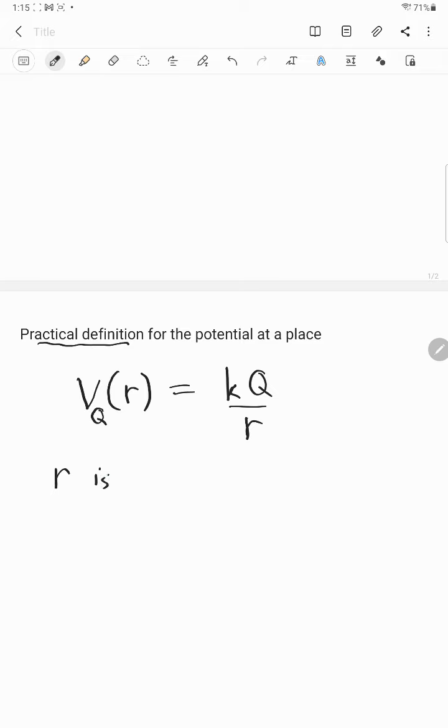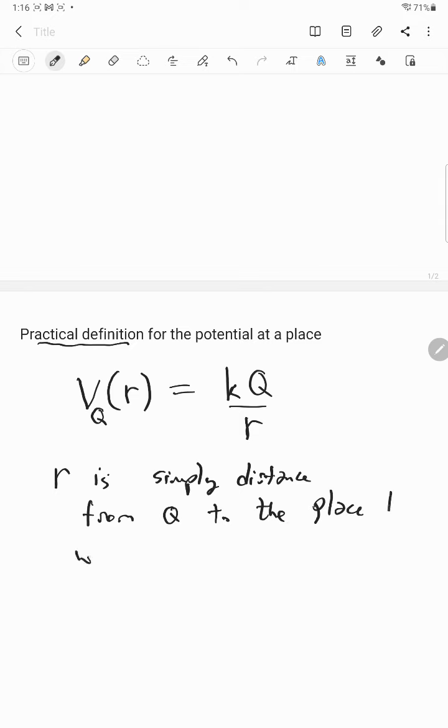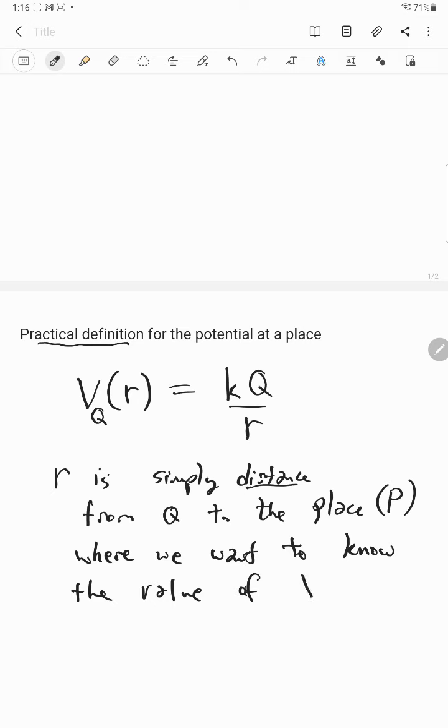So r is simply the distance from Q to the place, often I'm calling it a place called capital P. It's some coordinate, x, y, z. So it's the distance from Q to the place P where we want to know the value of V. So it's a distance.